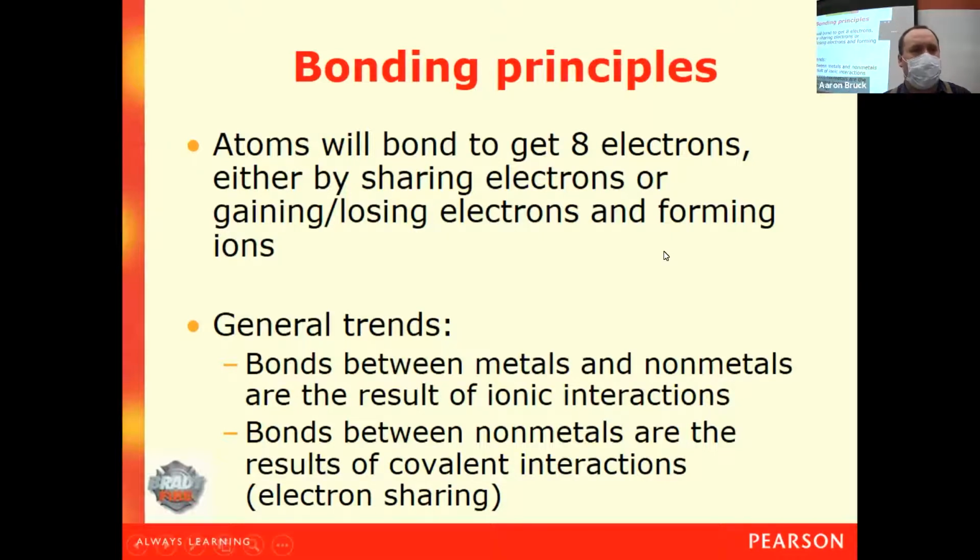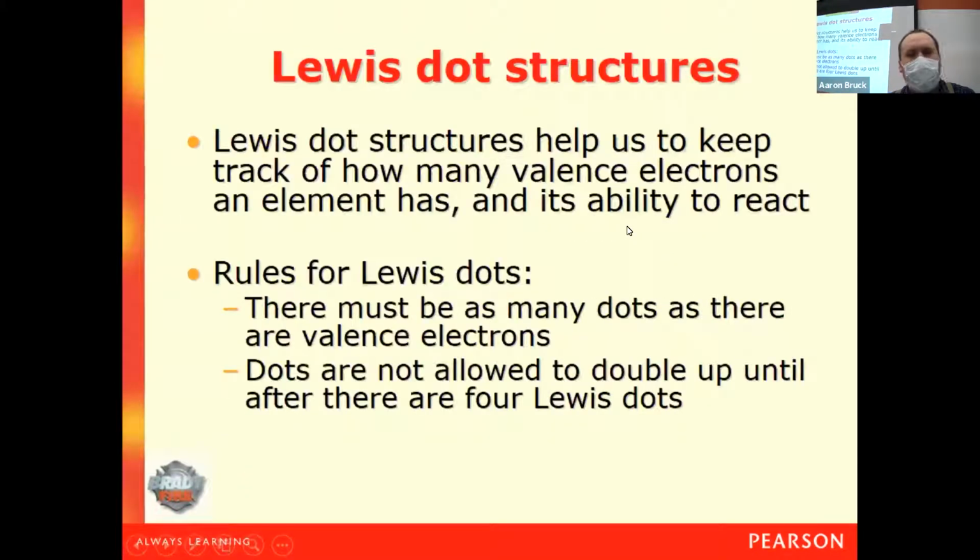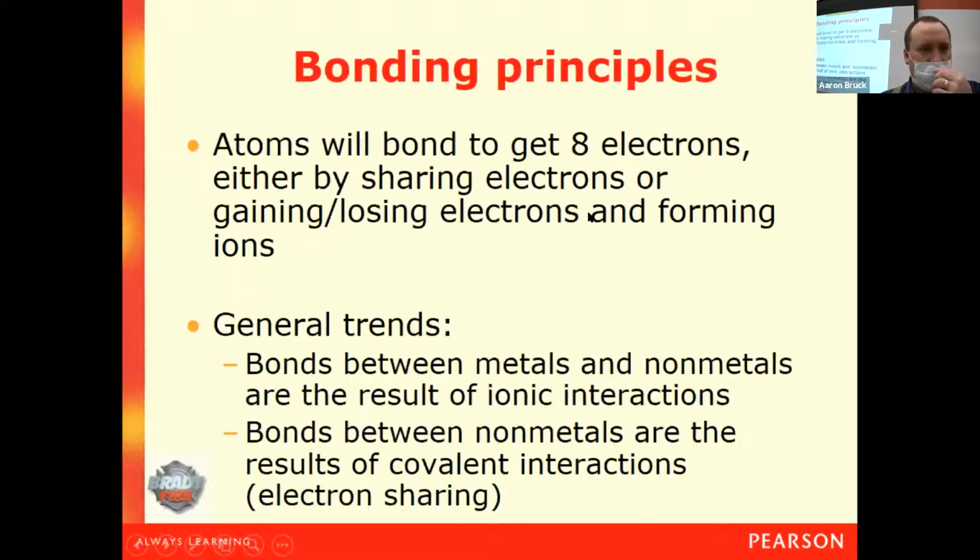If we go backwards, we ended the ideas on Friday talking about valence electrons and Lewis dot structures, and using valence electrons and those Lewis dots to say, here's how many electrons are around this element that are capable of bonding.